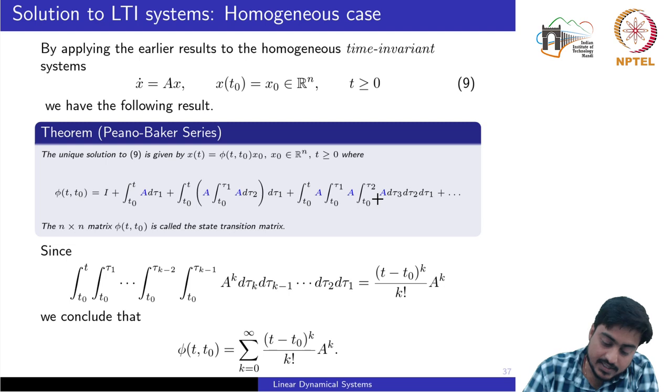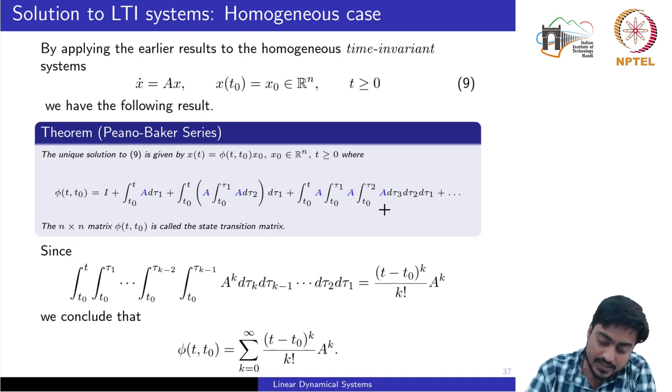Now let's consider the kth term of this series, the kth element of this series. If this is the 0th, 1st, 2nd and the 3rd element, then for the kth element I would have the outer integral from t0 to t, the subsequent integral from t0 to tau 1, and the last integral from t0 to tau k minus 1.